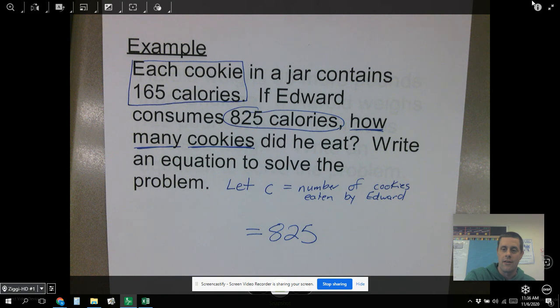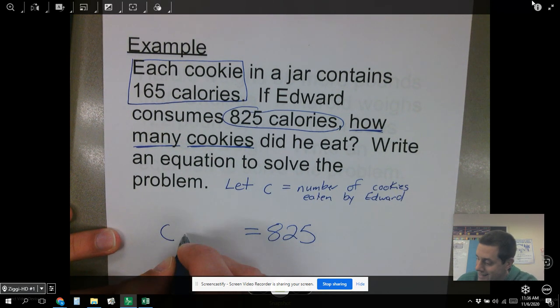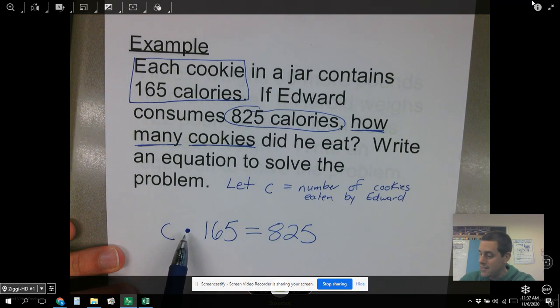So every cookie Edward eats is another 165 calories. Because of that repeated addition, mathematically, our shortcut is to multiply the number of cookies that Edward eats times 165. So we get the equation C times 165 equals 825.